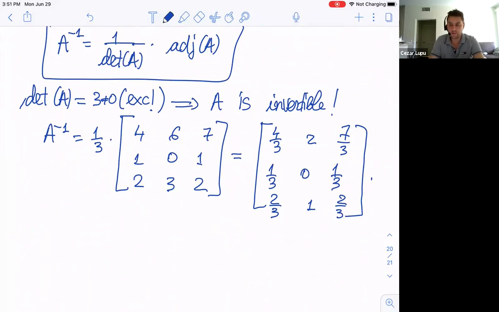I also mentioned at some point, and I didn't do it in my lectures, unfortunately, but I want to do it now, that there is a very important rule, and in fact the proof will use this formula with the inverse and the adjugate. It's what we call Cramer's rule. Let me say a few words about it.